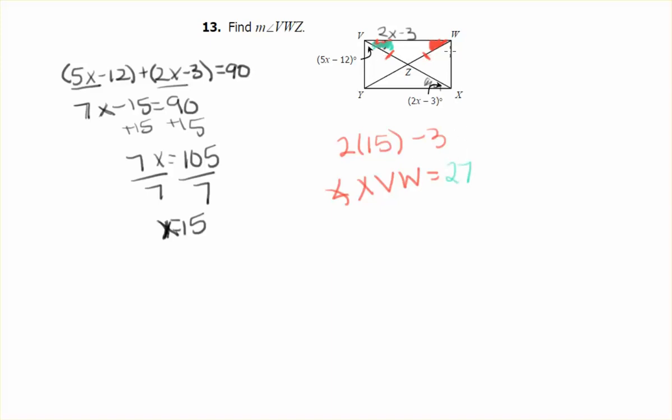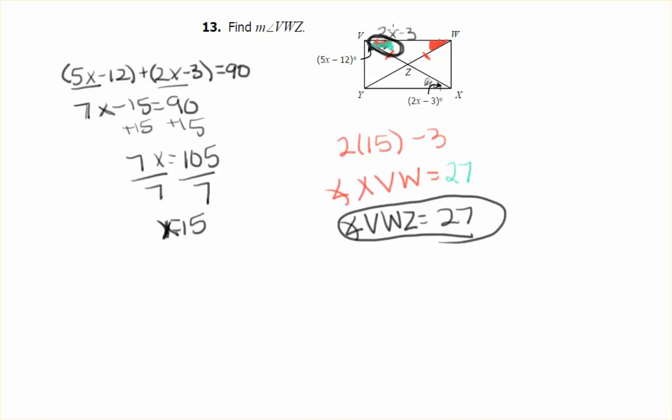And then since these are base angles, they should be congruent. So my answer ends up being also 27. That might be a little confusing as to why it's also 27. But hopefully you can see that since the diagonals are the same, this forms an isosceles triangle. And we can get this part here that I'm circling because it's 2x minus 3.